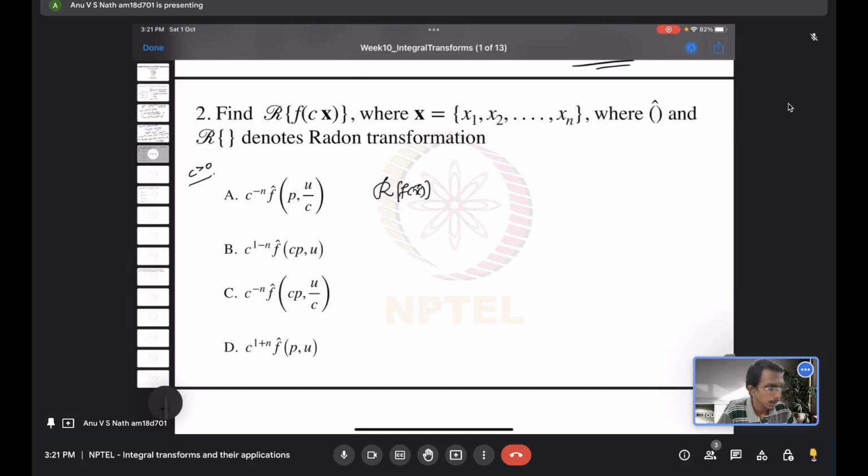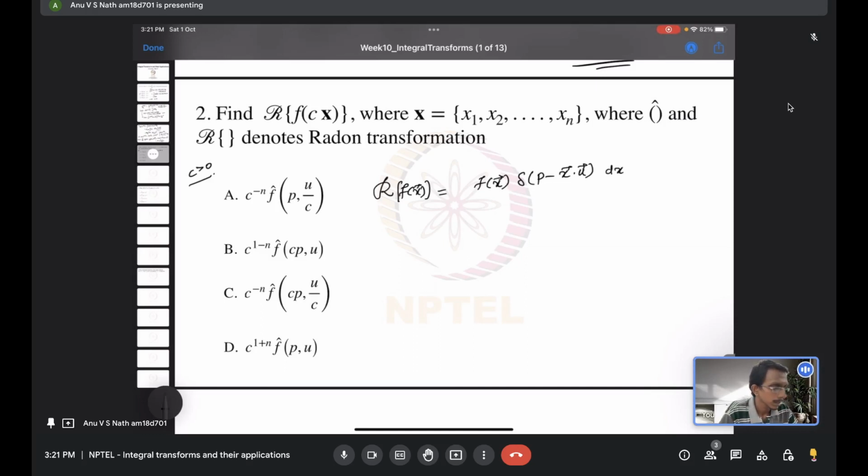Okay, and so the definition is it's actually f of x multiplied with the delta function of p minus x dot u, where u is the direction cosines in that particular dimension. So in 2D we will have 2 direction cosines, in ND we will have n direction cosines, generalized form.